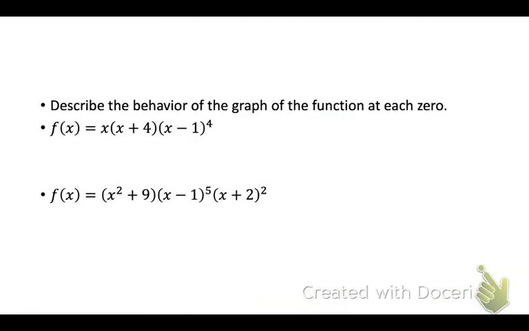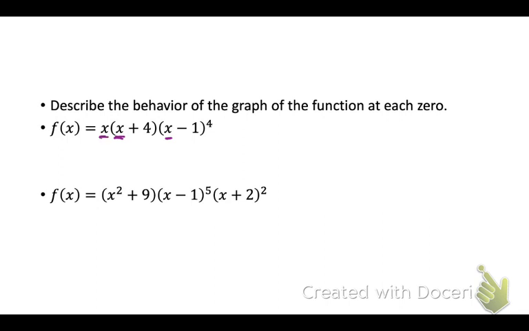Okay, describe the behavior of the graph of the function at each zero. We're going to do the end behavior also, and keep reviewing that as we go. These are not multiplied out, so we need to think. This is called our number sense. If I have x minus 1 to the 4th, when I multiply that out, x is going to be to the 4th. Then times another x, it's going to be to the 5th.